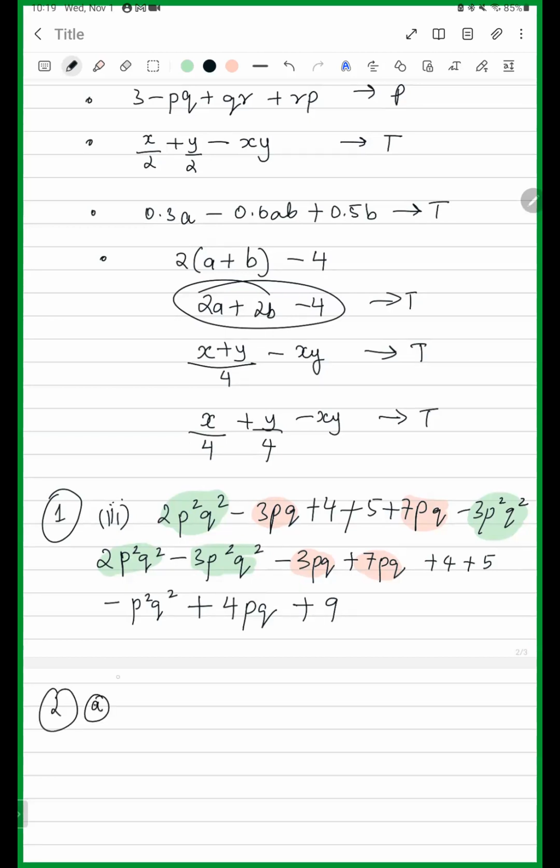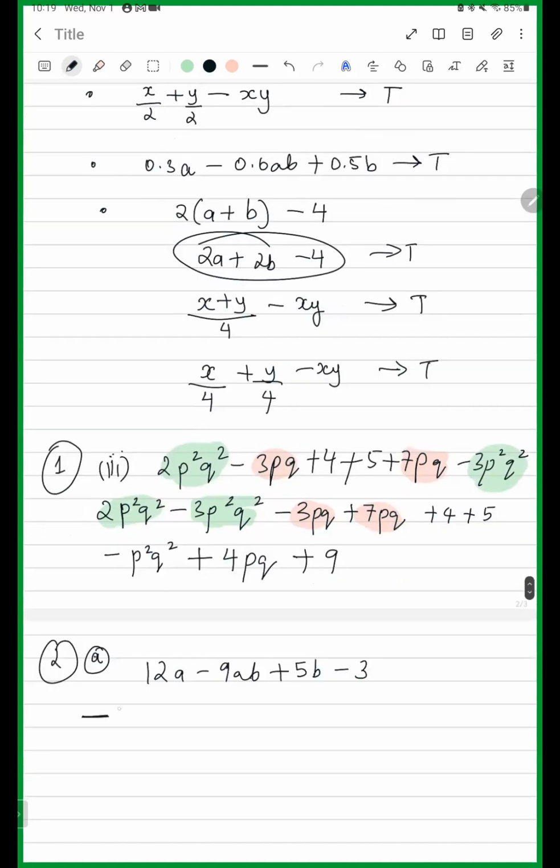So we have the first one, which is subtract 4a minus 7ab plus 3b plus 12 from 12a minus 9ab plus 5b minus 3. So from this, we have to subtract what? Now you will put a bracket, because there is a minus sign in front of the bracket. You have to be very careful.